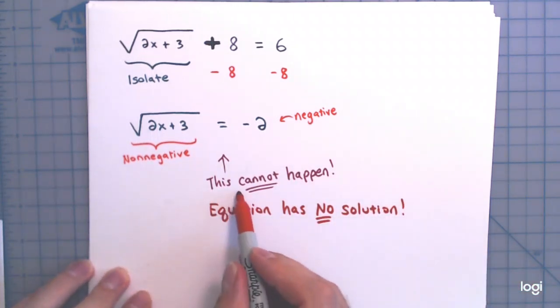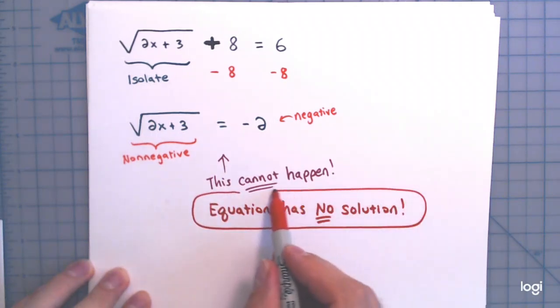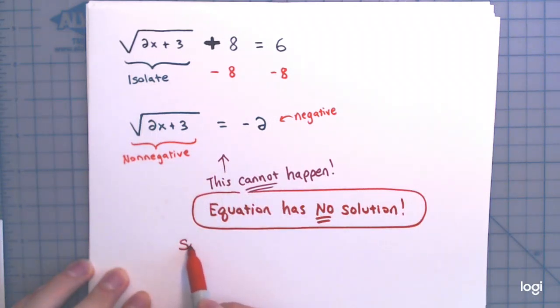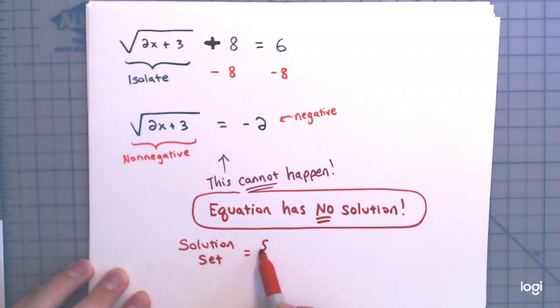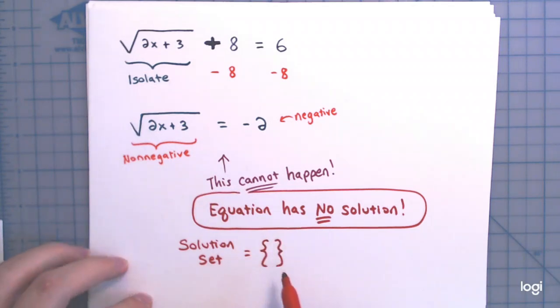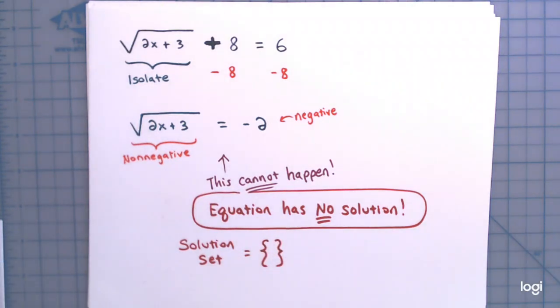You can write that out in words like this, or very often, you see the solution set written out in books sometimes for equations. You might just see an empty set of braces, which I have brought up in prior videos. This empty set of braces, the set with nothing in it, is referred to as the empty set.